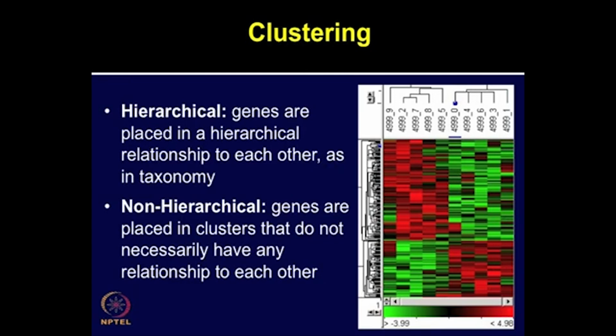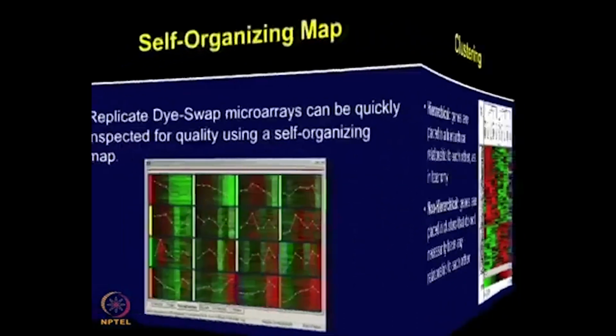The hierarchical clustering involves genes placed in a hierarchical relationship to each other as in the taxonomy. The non-hierarchical clustering involves genes placed in clusters that do not necessarily have any relationship to each other.